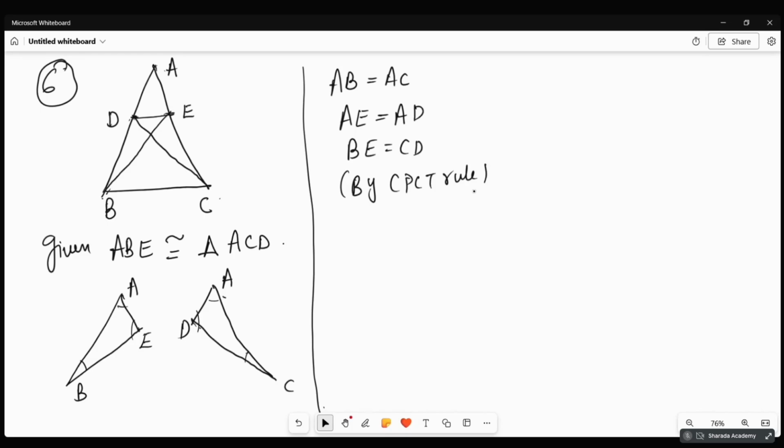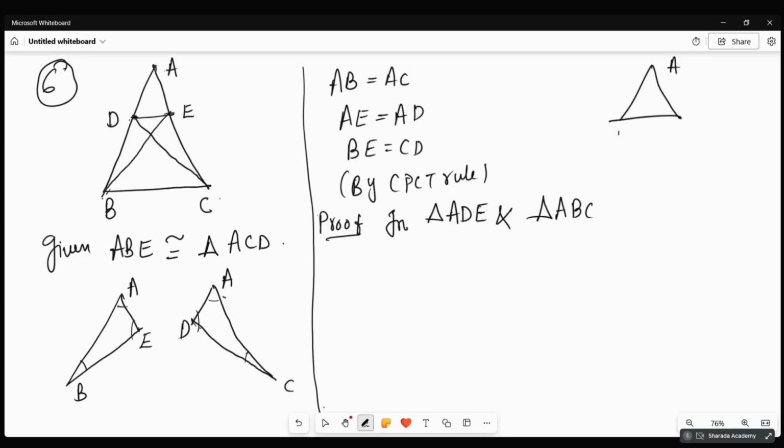Now, which two triangles do I have to prove similar? Now consider that. In triangle ADE and triangle ABC. So this is ADE, and ABC is the bigger triangle. In this, A is the common angle for both. A is the same angle for ADE and ABC.